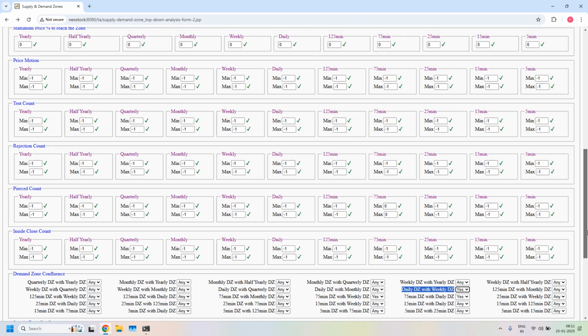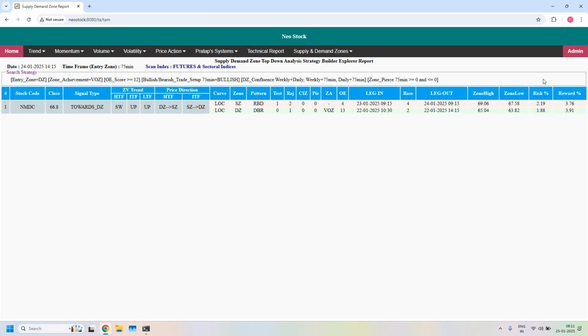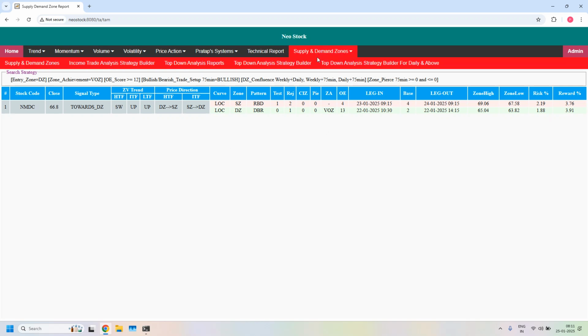With all the three filters enabled, we got one stock. But you no need to check for EMA confluence, because the HTF trend is sideways. EMA confluence does not add any extra advantage in sideways trend. Okay, this is about bullish trade setup for weekly income trade.